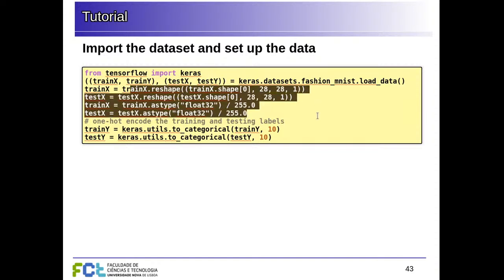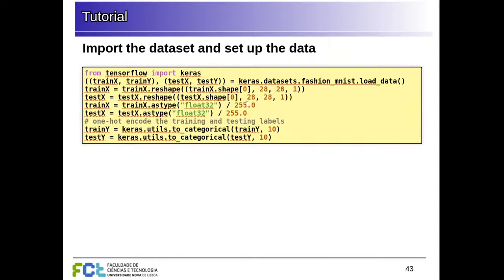You reshape and you convert into float32 between 0 and 1. This is useful because if you start with values that are too high, you may have some problems with convergence. The difference between this exercise and the one we did last week is that last week we were using a multi-layer perceptron, so we converted the images into a single two-dimensional table where each row was one of the images and each column was a pixel in the image.